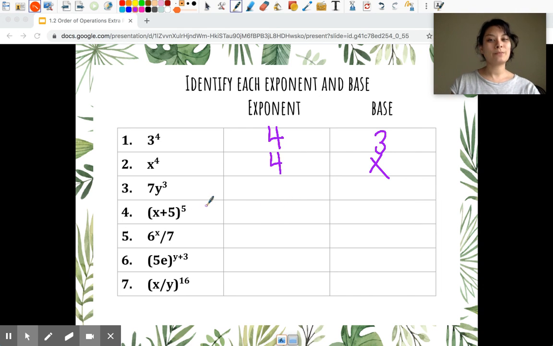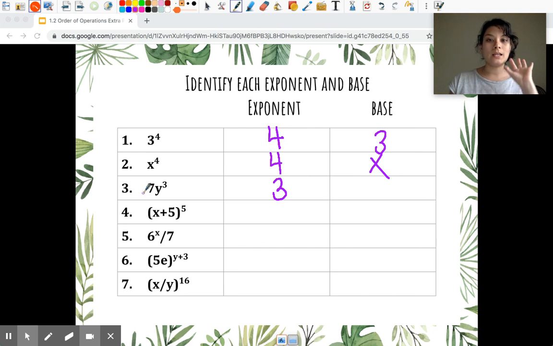Number 3 is where things might get a little tricky for students. So let's do the exponent first because that's the easy part. It's just 3 because it's the little number that's in the corner. But now we have to think, is my base the 7, the y, or both of them? So the idea here is to look for parentheses. The general rule of thumb is if you don't see parentheses, the only thing that is your base is the thing that's directly touching the exponent.